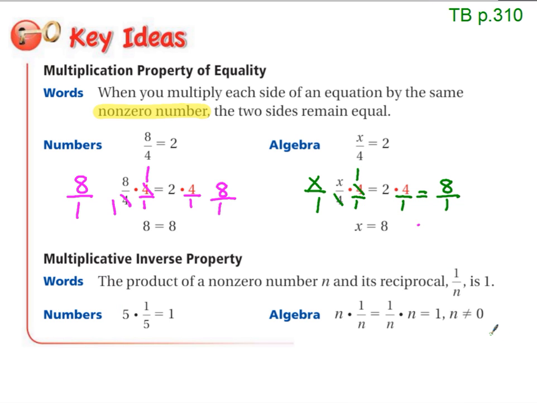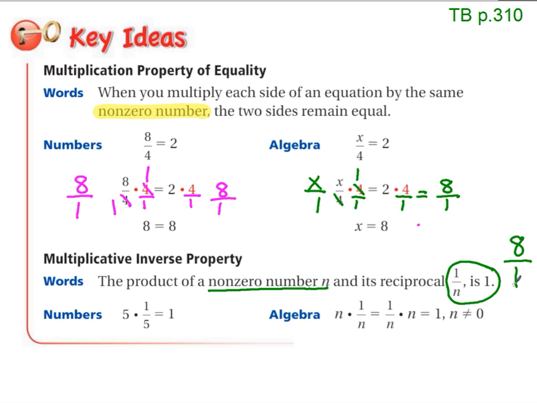We are now going to talk about the multiplicative inverse property. What this means is the product of a non-zero number, n, and its reciprocal, 1 over n, is 1. Now, reciprocal just means that anytime you've got a whole number, for example, I'll use the number 8, if I wanted to find the reciprocal of 8, the whole number is 8 over 1, because any number over 1 equals itself.